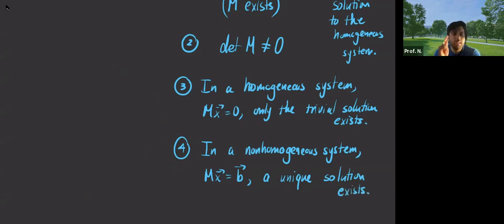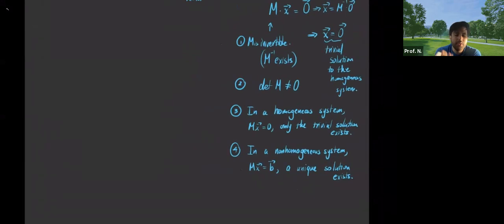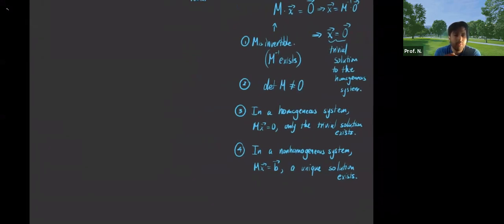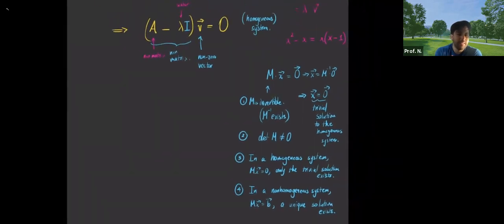So what's the idea? The idea with invertible matrices is that when you have a system, there's a unique solution. If it's homogeneous, the unique solution is the trivial solution. In a non-homogeneous system, there just exists a unique solution. That's the idea. Does that make sense? So compare that to this.